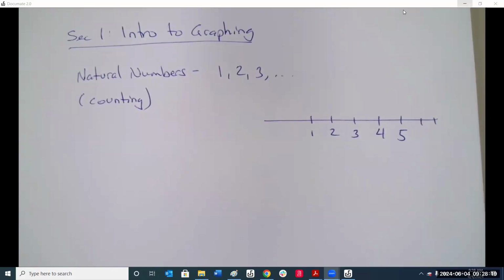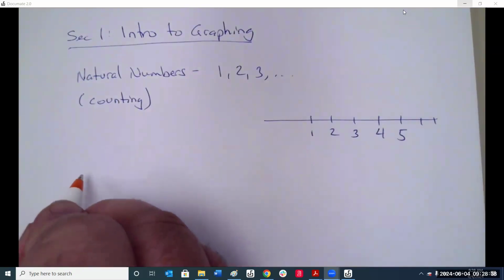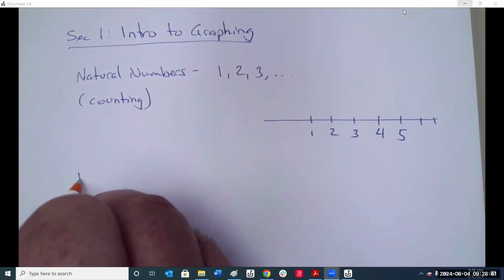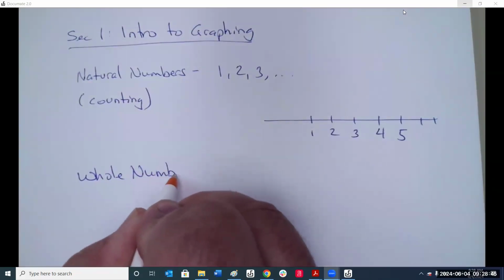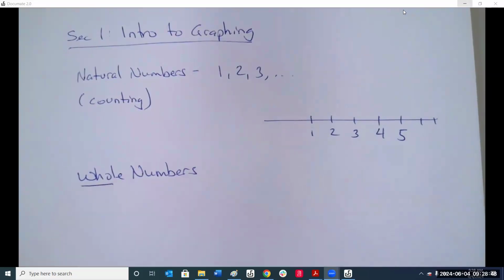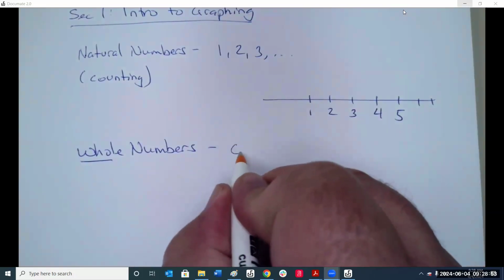If you go to a lot of elementary schools and pre-K classes, you'll see it always starts at 1 and goes on from there. Well, do we have any other numbers in that? What's to the left of 1? Well, we call those whole numbers. Easiest way to remember that is it begins with a whole.